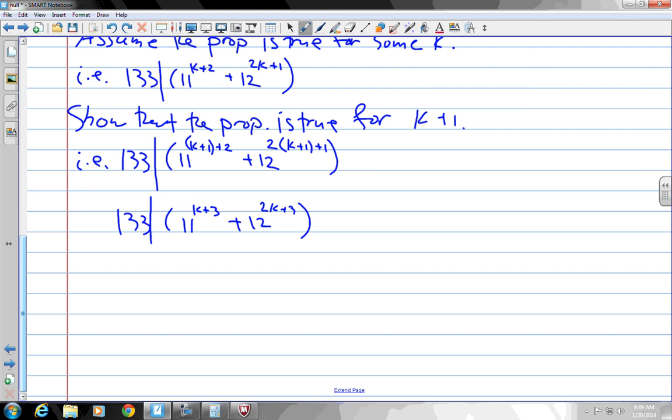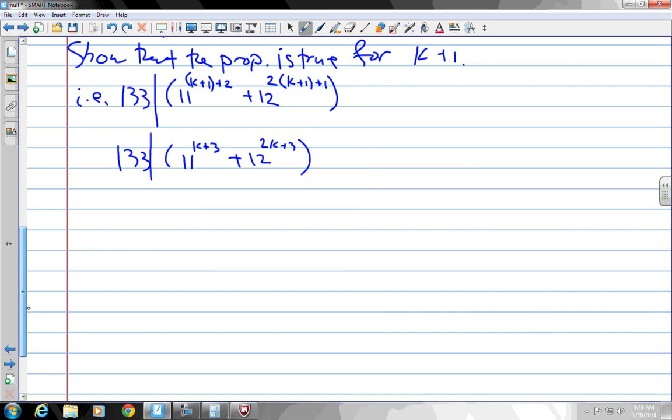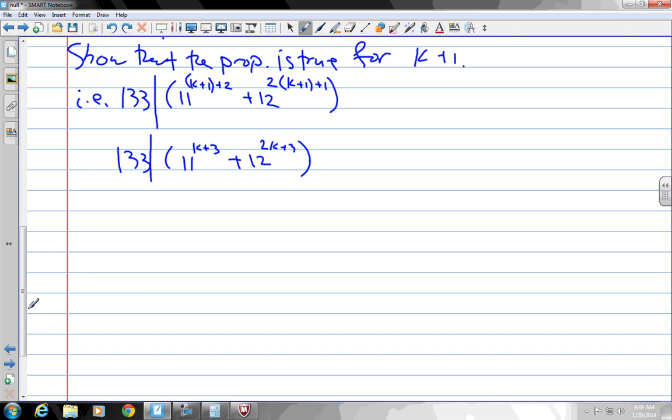Is that okay? So this is what I need to show. I need to show that 133 divides that statement. So I'm going to start messing with that statement, okay? Till I can conclusively say it's divisible by 133.